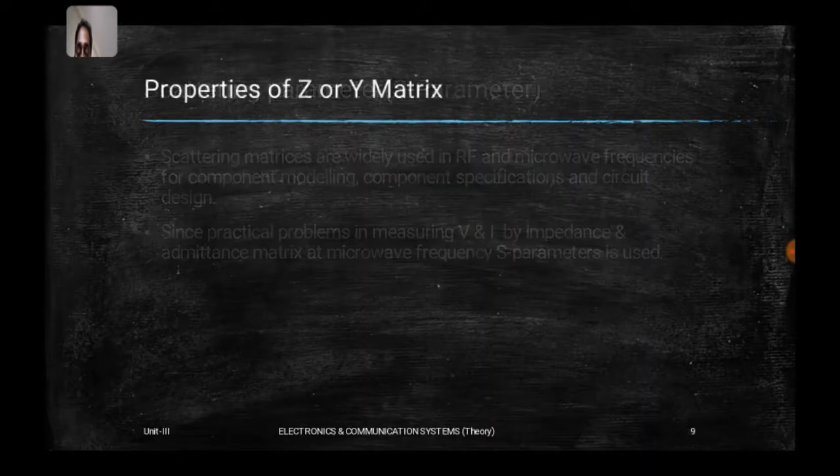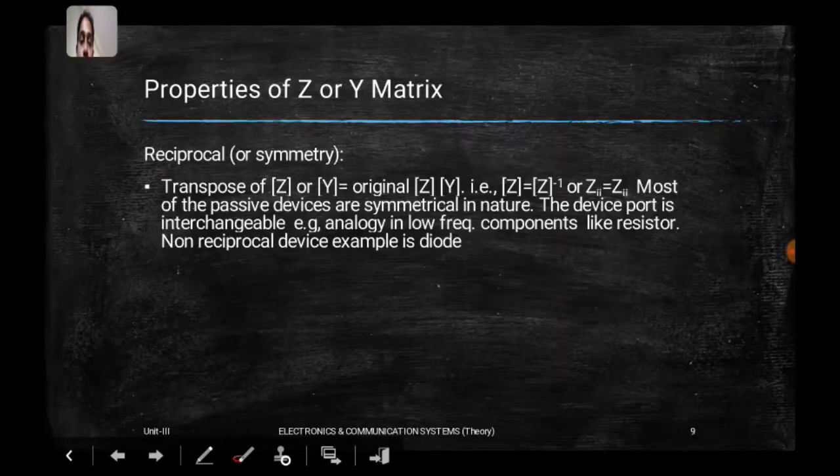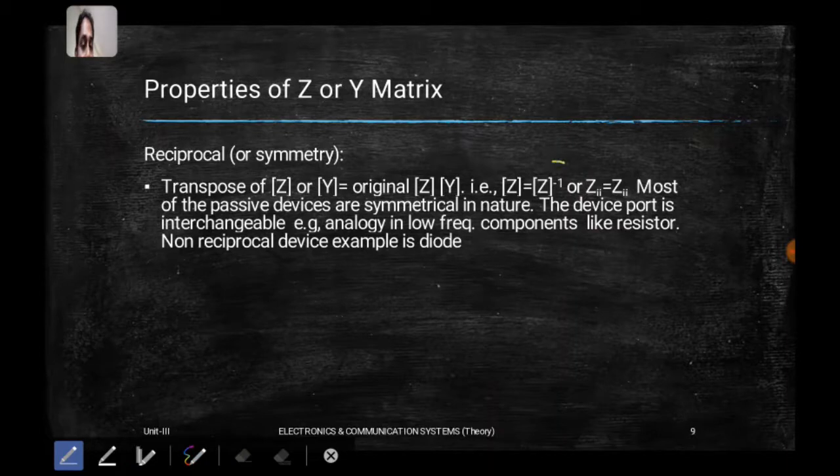What are the properties of Z and Y? As I mentioned, if the matrix and the transpose of the matrix, or the inverse of the matrix, are the same, it is called a symmetric device, and it's something like a resistor.